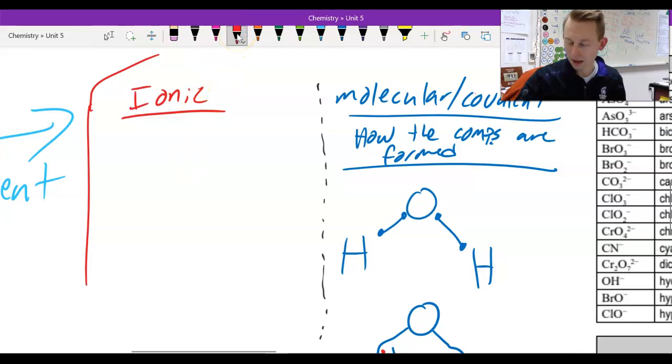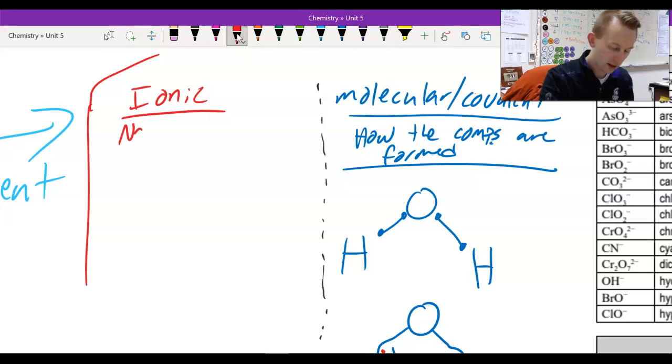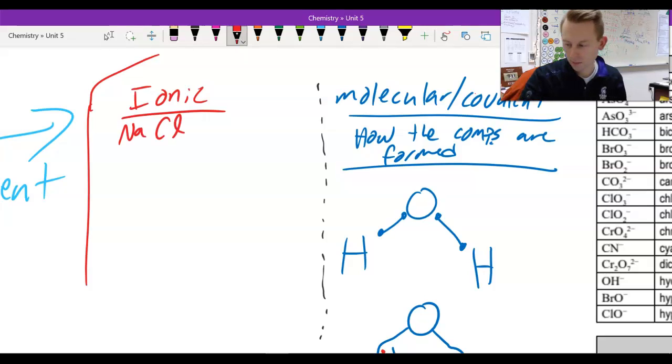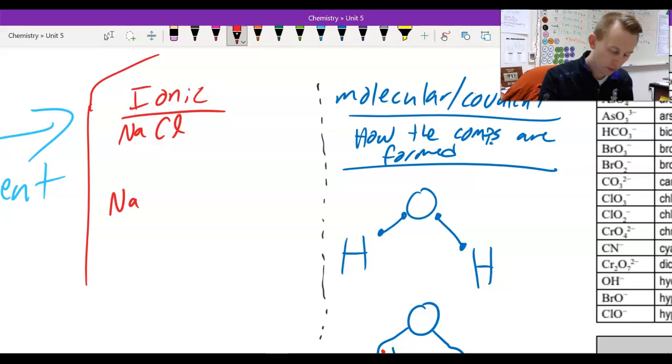So in an ionic compound, let's use NaCl as an example. So remember, again, it's all about valence electrons, but the electrons are actually exchanged, and then the different charges keep them together. So let's just do a Lewis dot for both of these, Na and Cl. Sodium has 1 valence electron, chlorine has 7.